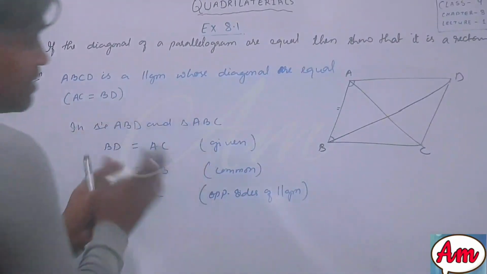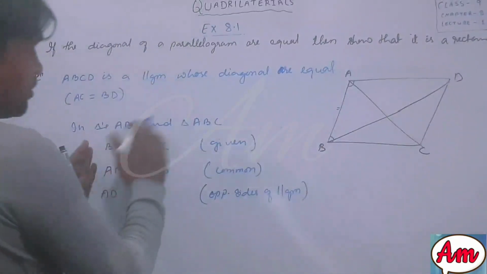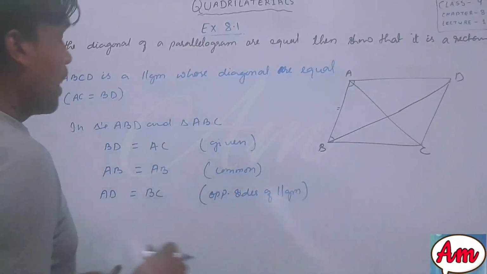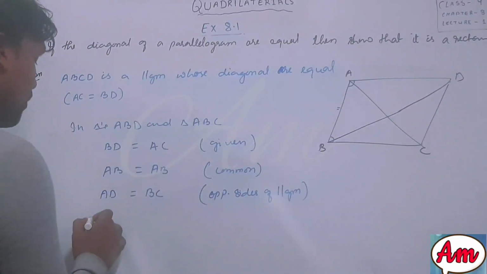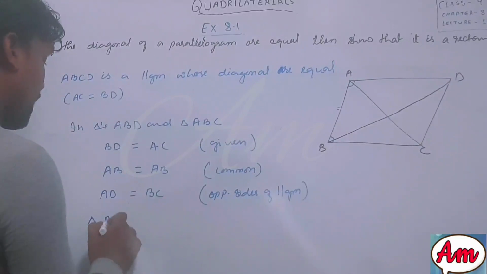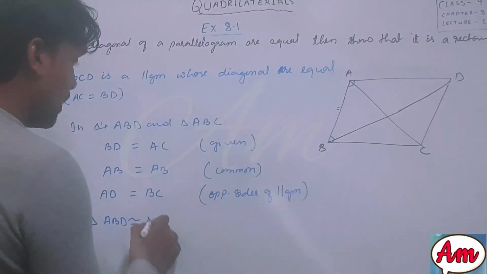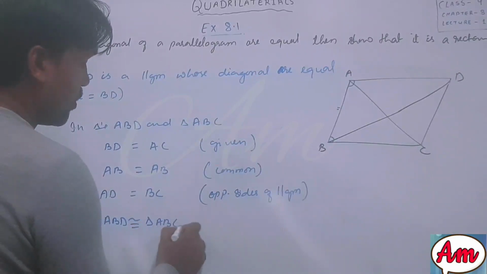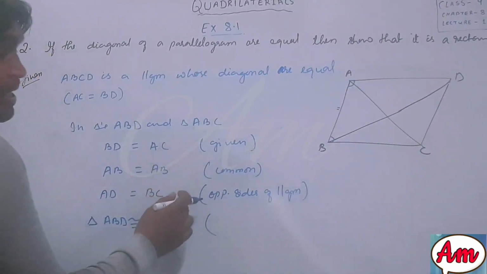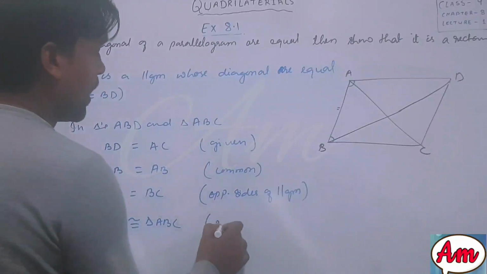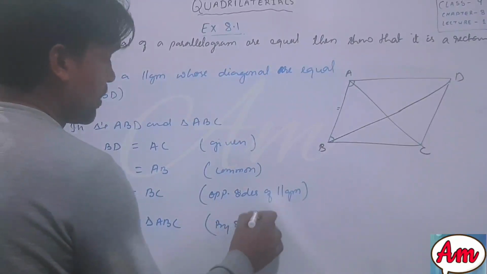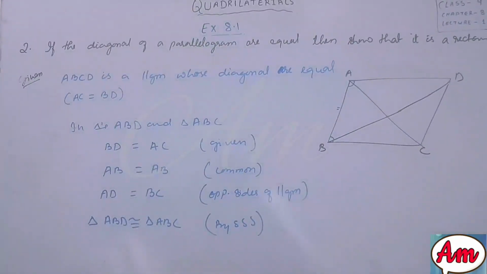So we have proved that three sides of each triangle are equal. So dear students, if it is so, then what will happen? Triangle ABD will be congruent to triangle ABC. By which property of congruency? All the three sides we have proved equal or not? So by SSS congruency. Okay, got it dear students?